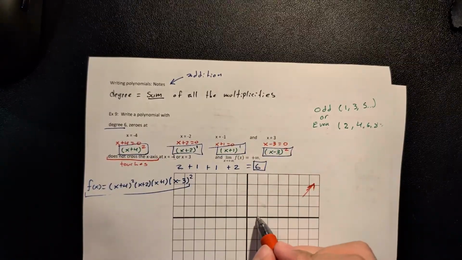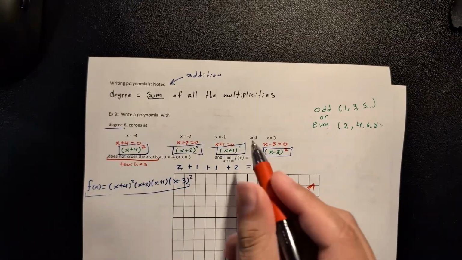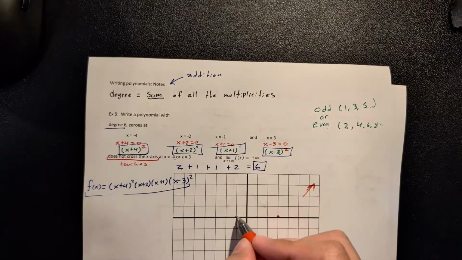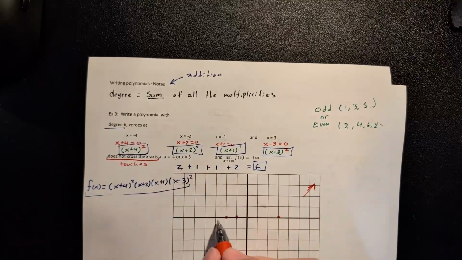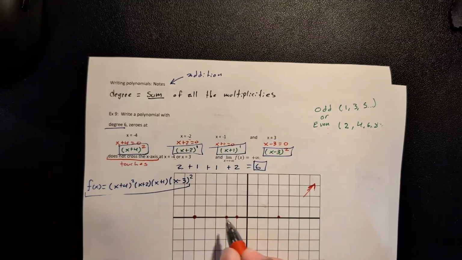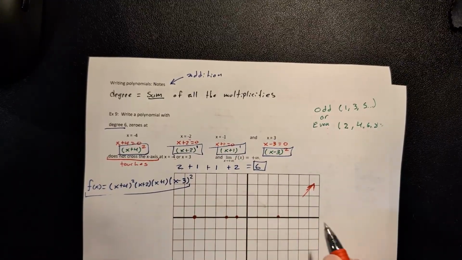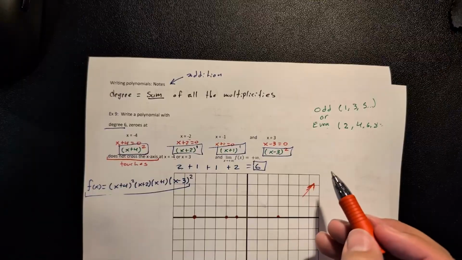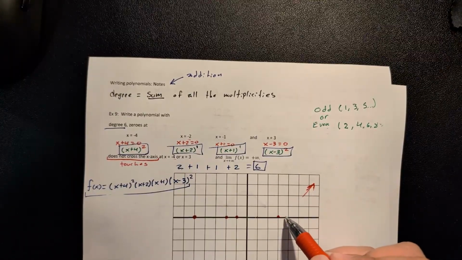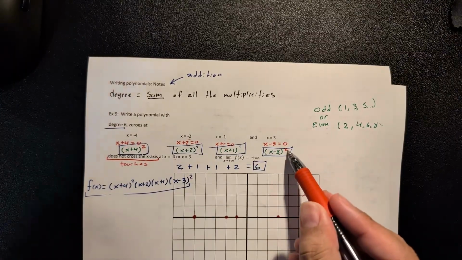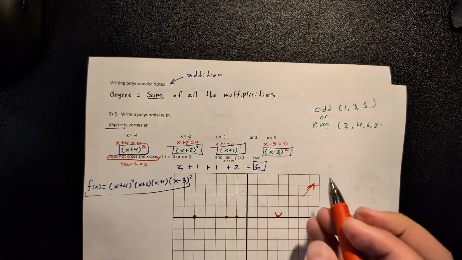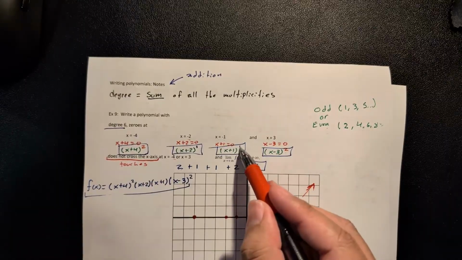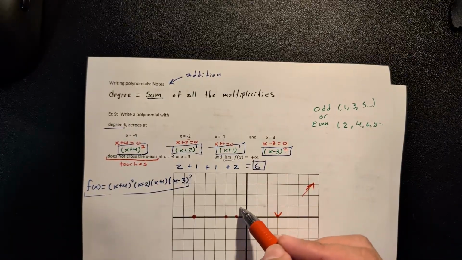X equals 3, 1, 2, 3. X equals -1, -2, and -4. So we know at x equals 3, this one has multiplicity of 2, meaning it's going to touch. Next one has multiplicity of 1, so it's going to come and then cross it.